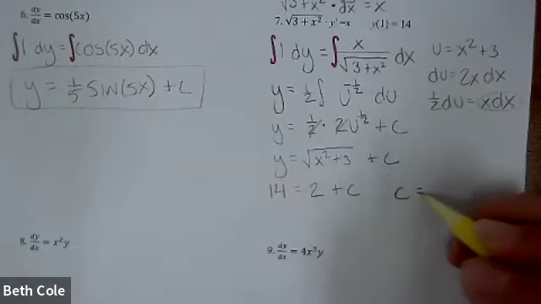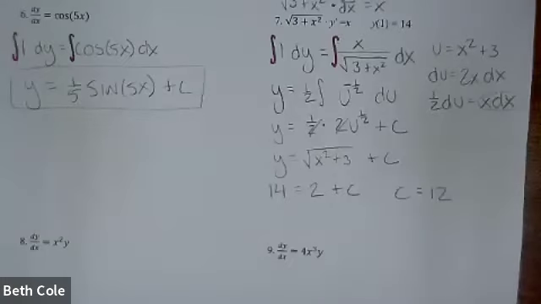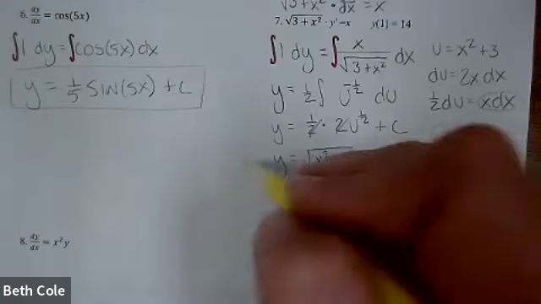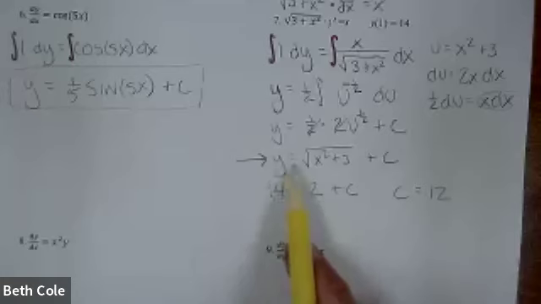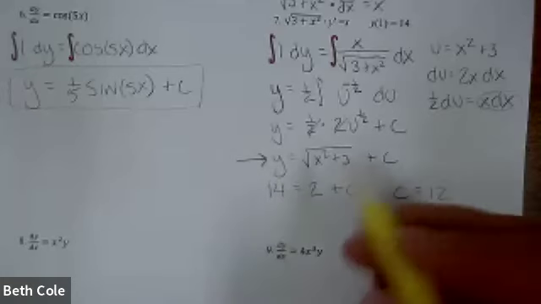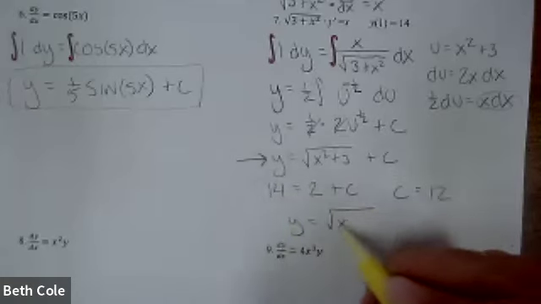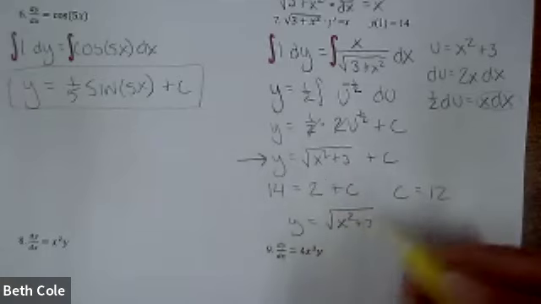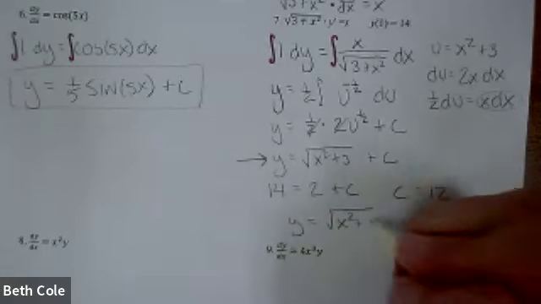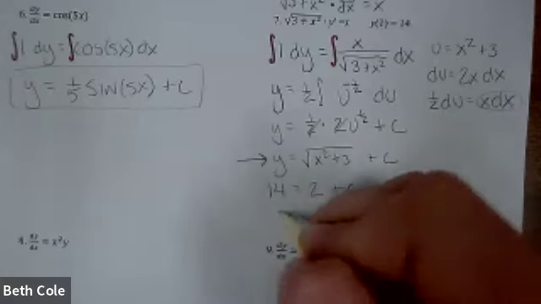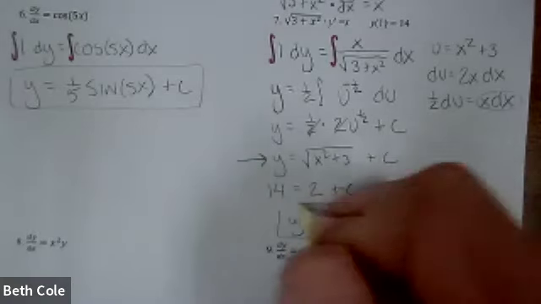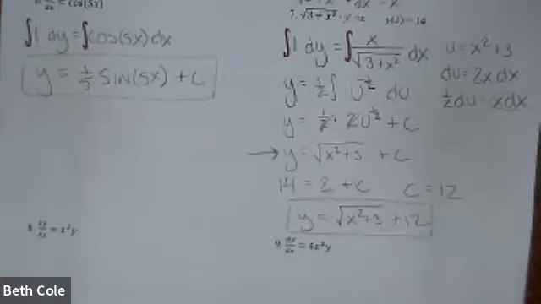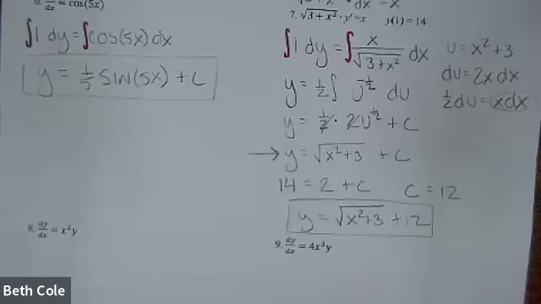So what does c equal? 12. So we're going to recopy this step, except instead of plus c, we're going to put plus 12. Can't draw my 3s today. And then we're done because y is already alone. If y was not alone, then you would have to do the algebra to solve for y.